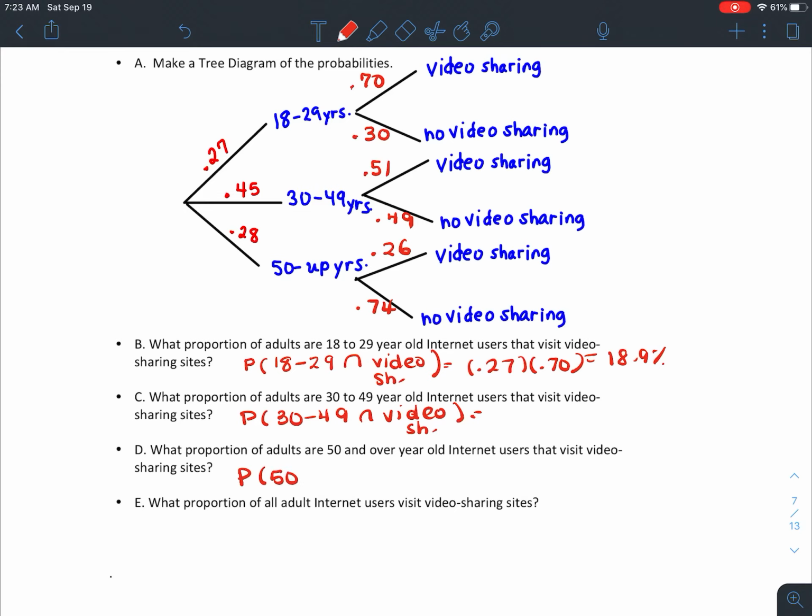Okay. This is having us do the same thing here for each of the age groups. We're calculating what's the probability that someone is in that age group and they're on the video sharing site. So again, this would just be going through the branches here. So we're going to fill this in here very quickly so we could look at the problem at the bottom.